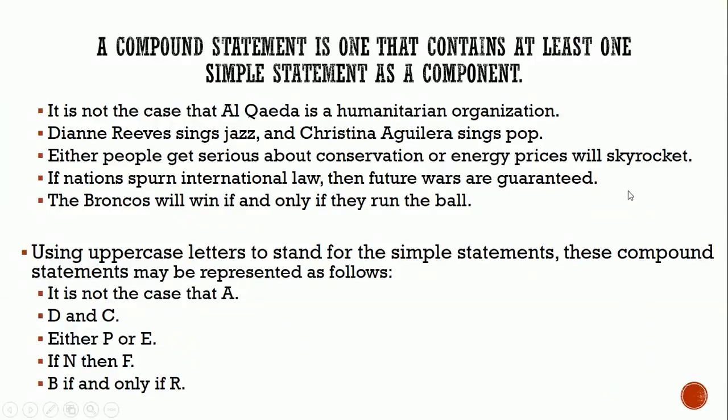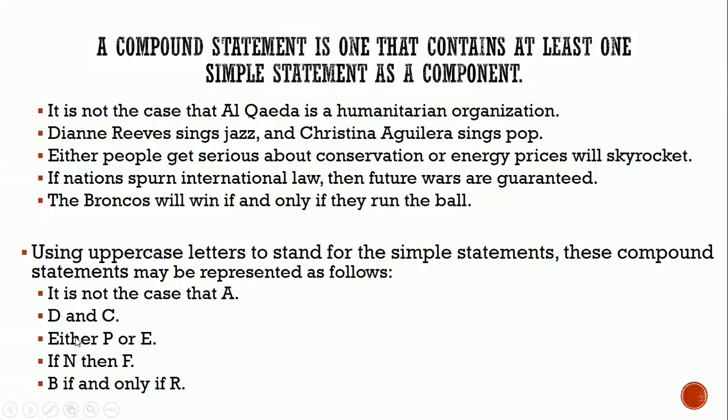It is not the case that Al-Qaeda is a humanitarian organization. It is not the case that A, or we can rewrite it as tilde A, not A. Diane Reeves sings jazz and Christina Aguilera sings pop. So we have D, Diane Reeves sings jazz, and C, Christina Aguilera sings pop.